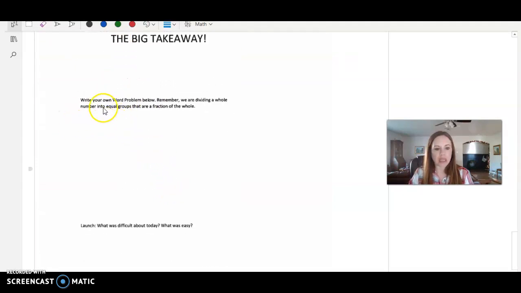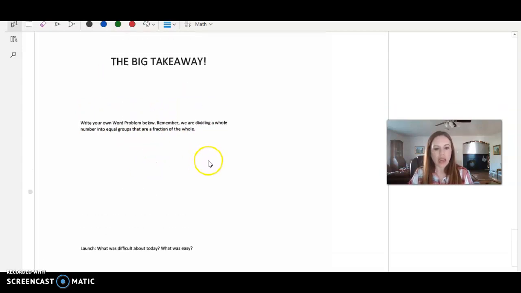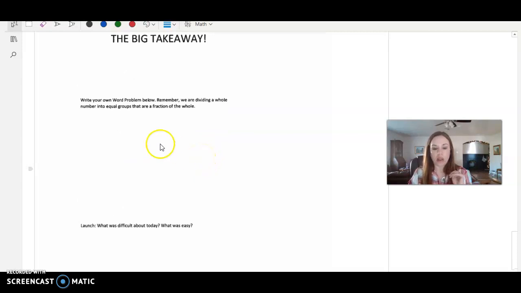Now let's talk about the big takeaway. Write your own word problem below. Remember, we are dividing a whole number into equal groups that are a fraction of the whole. So I am going to allow you to use the equation 3 divided by 1/2 if you want to.